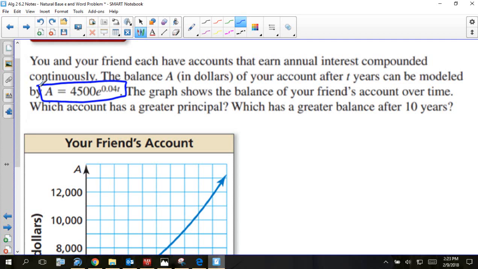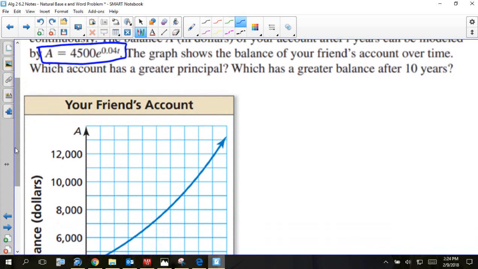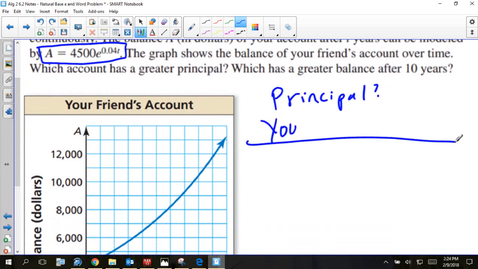The first question is, which account has a greater principal? So let's start with thinking about what principal is. What is it?